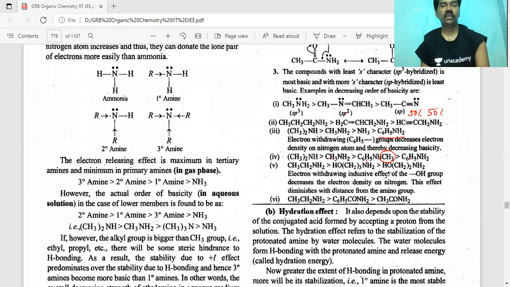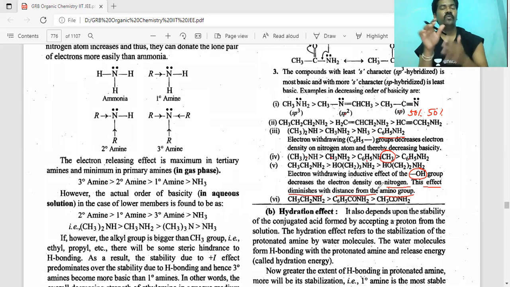So here is the electron withdrawing inductive effect of the OH group. OH is also an electron withdrawing group. More electrons will be pulled towards oxygen, so the group decreases the electron density of nitrogen. This effect diminishes with distance from the amino group. You should see this when arranging compounds in decreasing or increasing order of basicity.